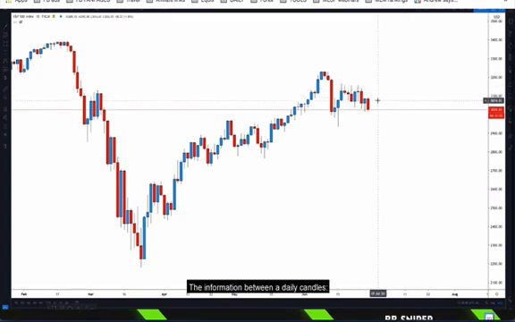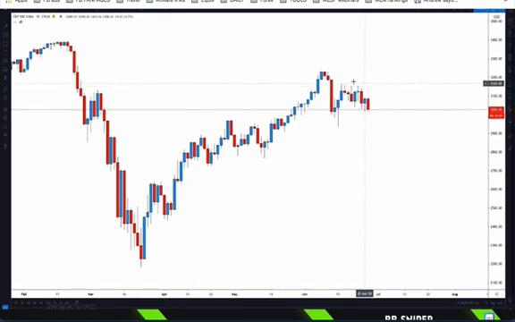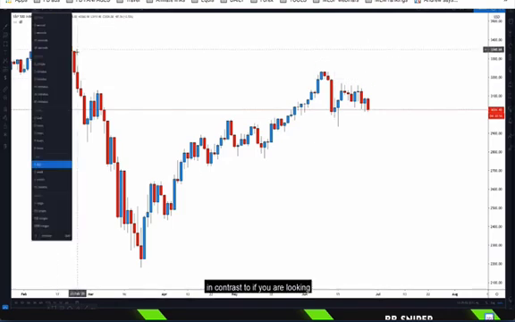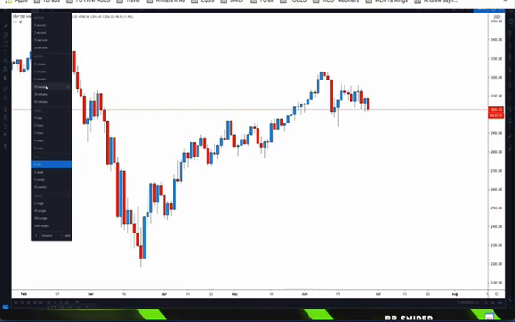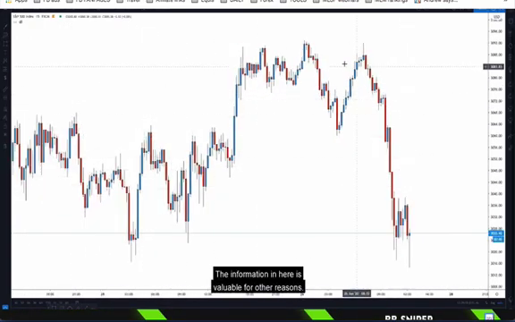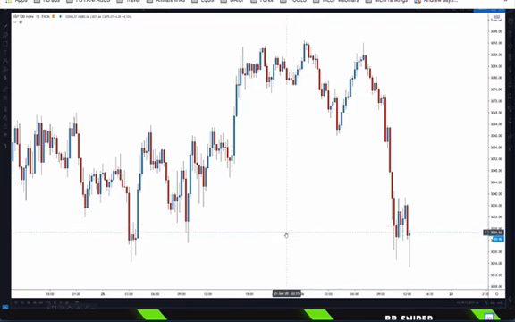The information between a daily candle's open, high, low, and close, in my opinion, is more valuable for determining market direction in contrast to something like a 15-minute time frame. The information in there is valuable for other reasons.